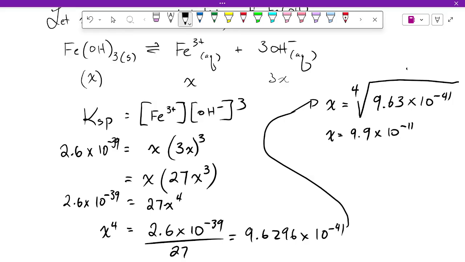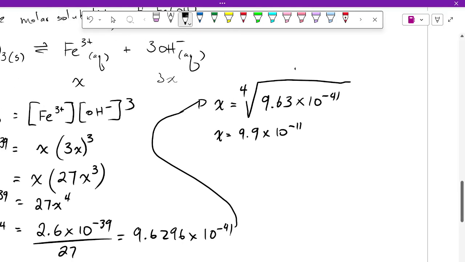At that point, you need to say, am I done? No, because this would be molar, and we were asked for grams per liter. I don't want to write the square brackets.